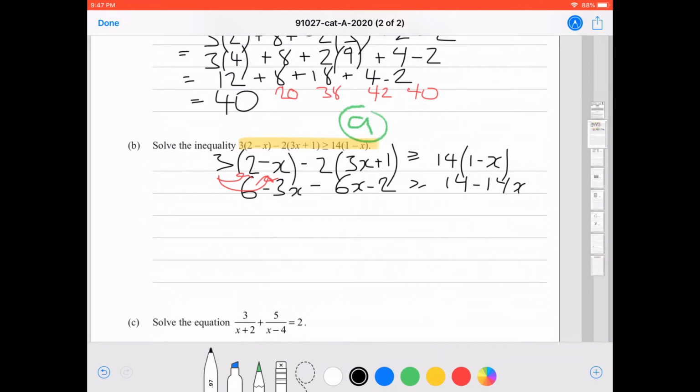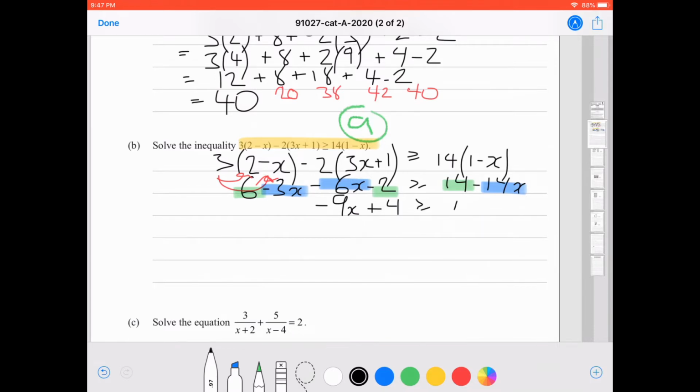Okay, collecting like terms, so we've got values with x in them, and we've got single digits. Looking at our left-hand side, minus 3x minus 6x gives you minus 9x. And 6 minus 2 is positive 4.